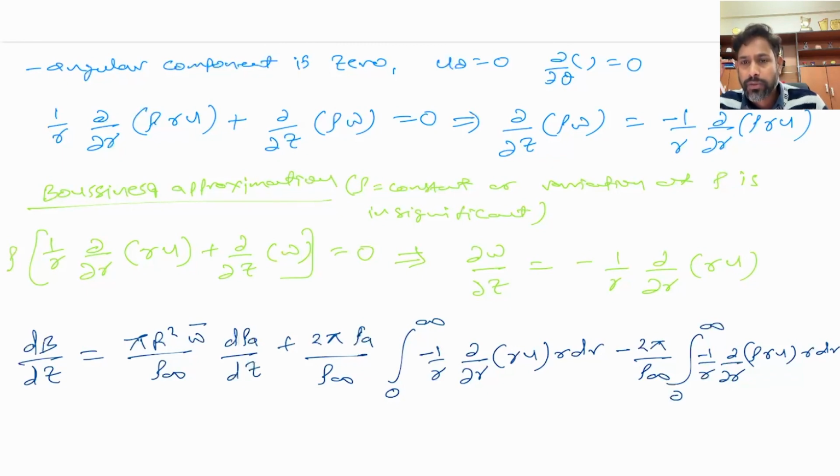You don't want to define rho p versus rho a, you just write it as rho.